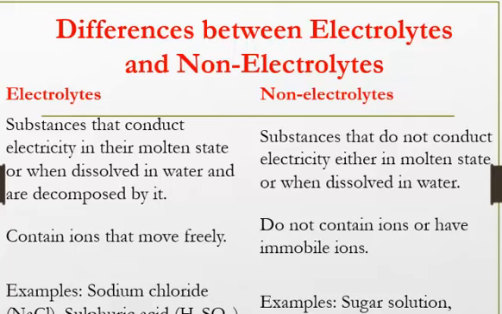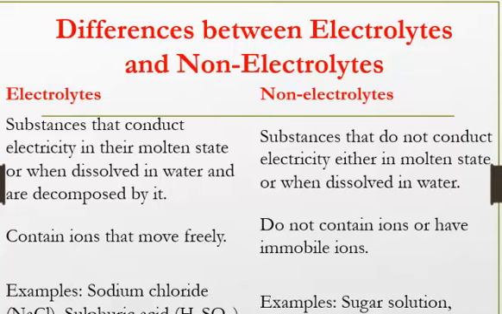You can see that now. Electrolytes have cations and anions that move freely, while non-electrolytes do not contain ions or have immobile ions. Those are the differences between the two.